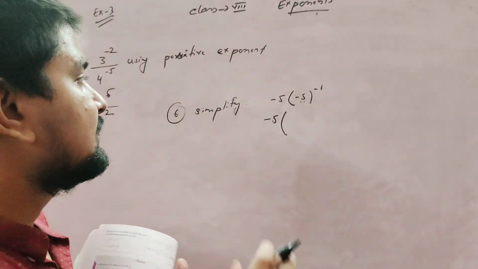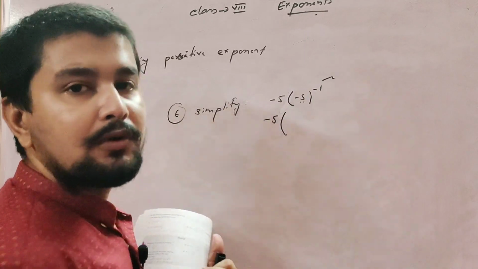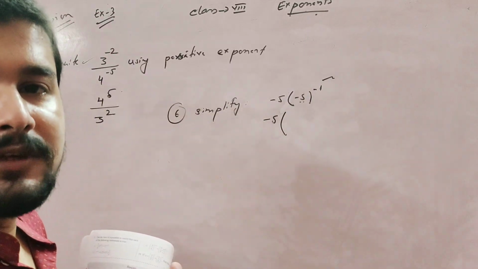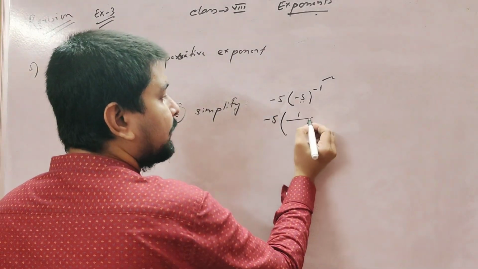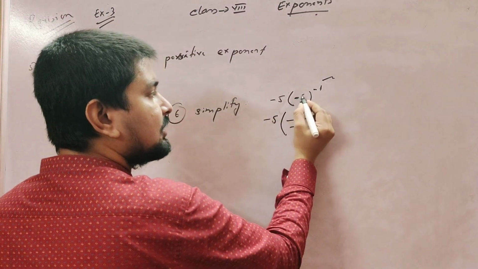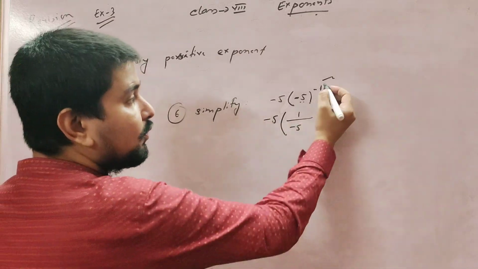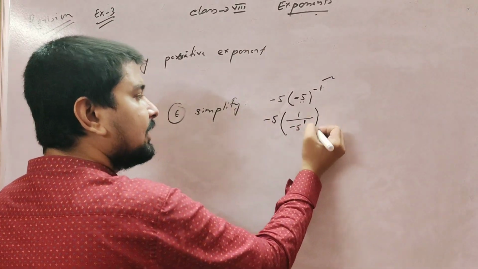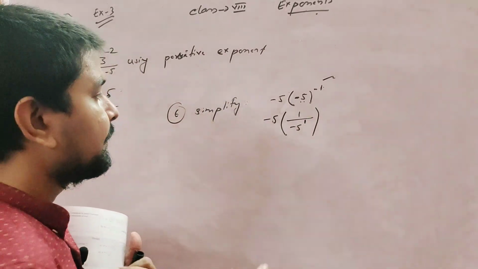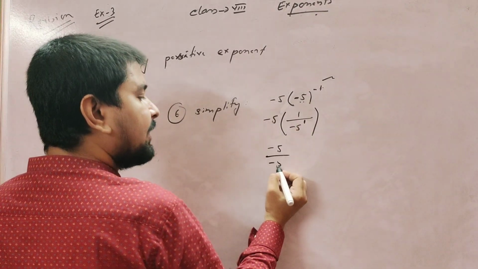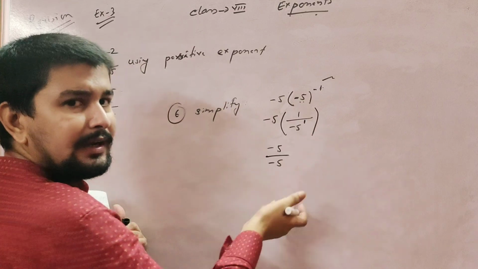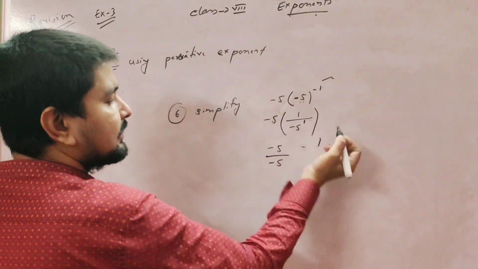So we know that this is a negative power, and to make it positive we take the reciprocal. So 1 upon -5, this sign does not change. During the reciprocation only the power sign changes, this power becomes +1. Okay. So -5 into 1 is -5, and -5 to the power 1 is -5. So -5 cancels, that is 1.